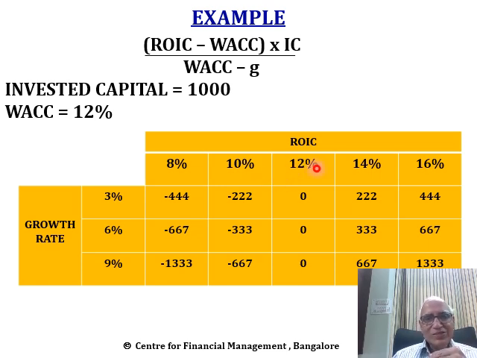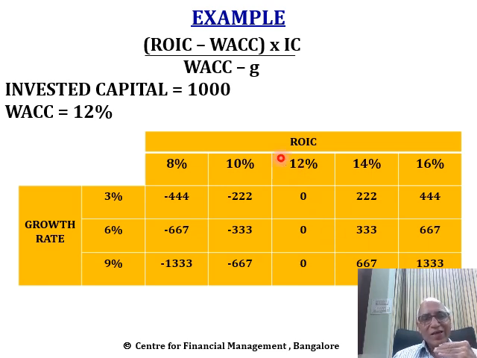If ROIC is more than weighted average cost of capital, MVA increases as the growth rate increases. You can see when ROIC is 16%, MVA is 444 when the growth rate is 3% and 1333 when the growth rate is 9%.